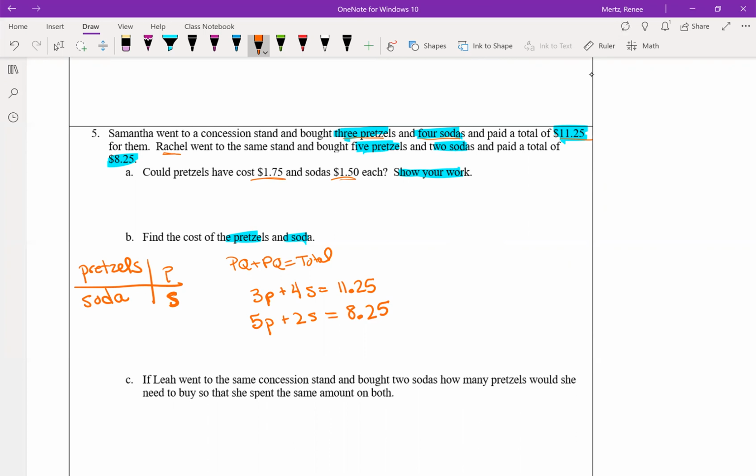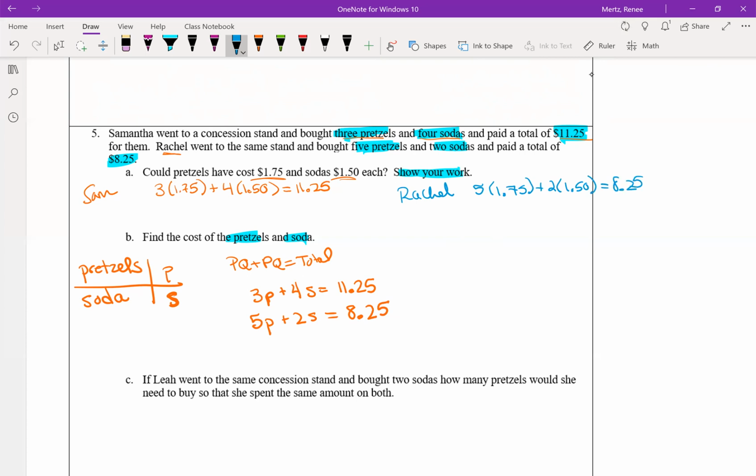Let's see. 3 times $1.75 plus 4 times $1.50, does it equal $11.25? This is for Samantha. Let's check Rachel: 5 times $1.75 plus 2 times $1.50, is it $8.25?